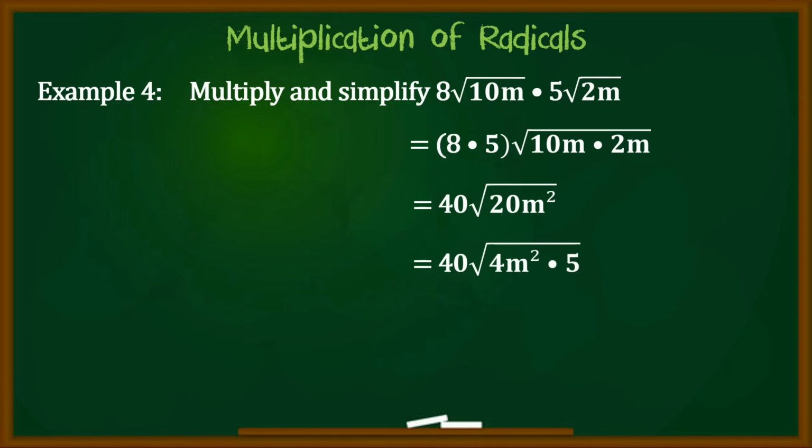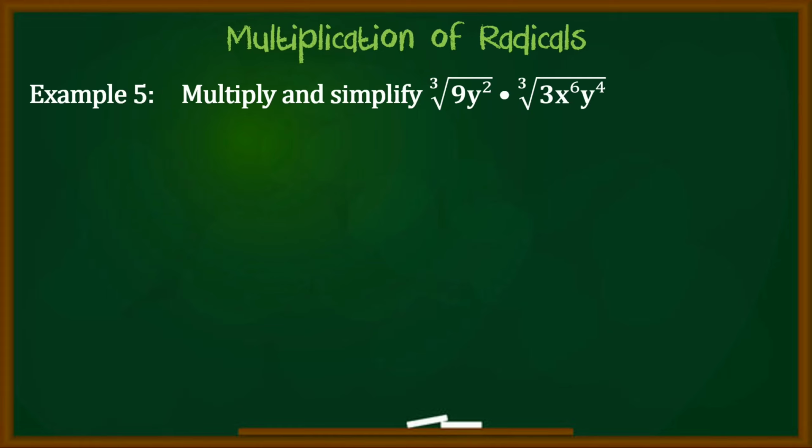Simplify the radicand 20m squared, we have 40 square root of 4m squared times 5. Extracting the square root of 4m squared, we have 40 times 2m times square root of 5. 40 times 2m is equal to 80m. Bring down square root of 5, therefore for our product, we have 80m square root of 5.